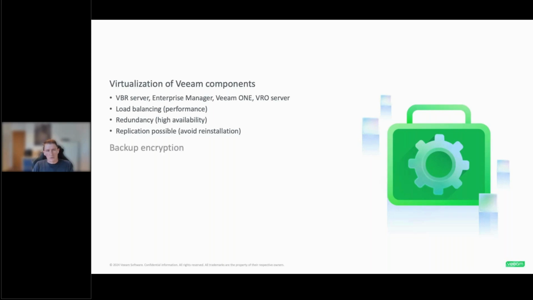So just as a recommendation, I think it should be default by now, in my opinion: backup encryption. Use backup encryption. Use different passwords, for example, per location, per job type, whatsoever. You should monitor the password changes, for example, with Veeam.